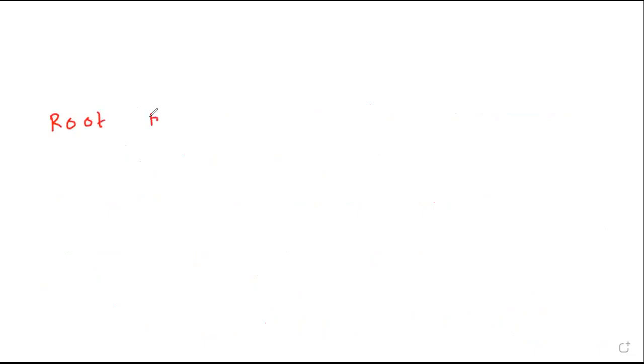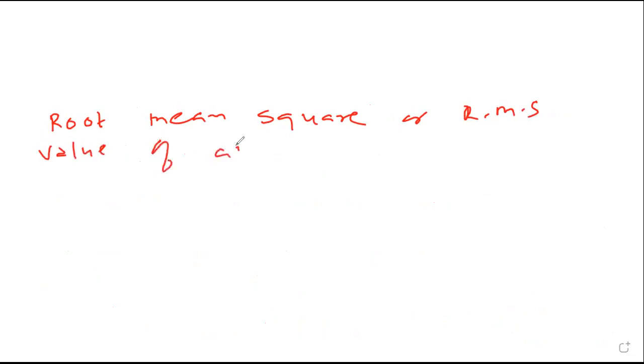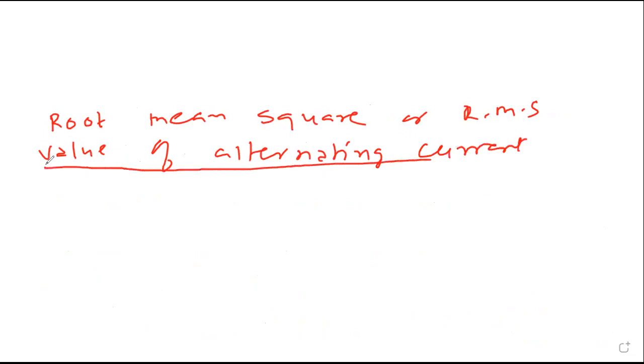Root mean square or RMS value of alternating current. Root mean square, also called as RMS value.